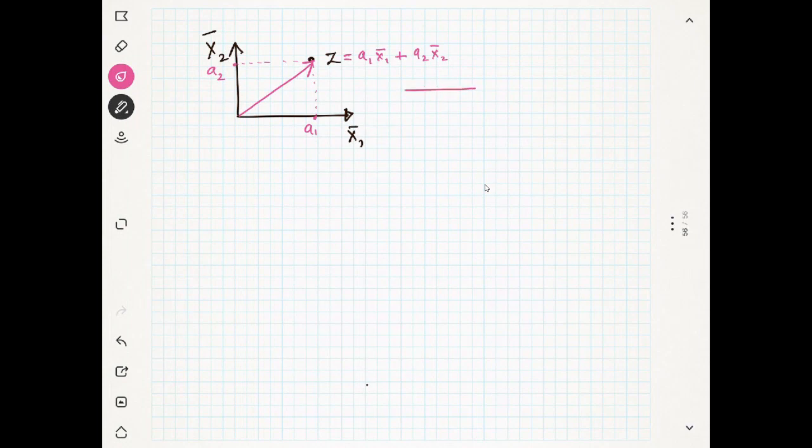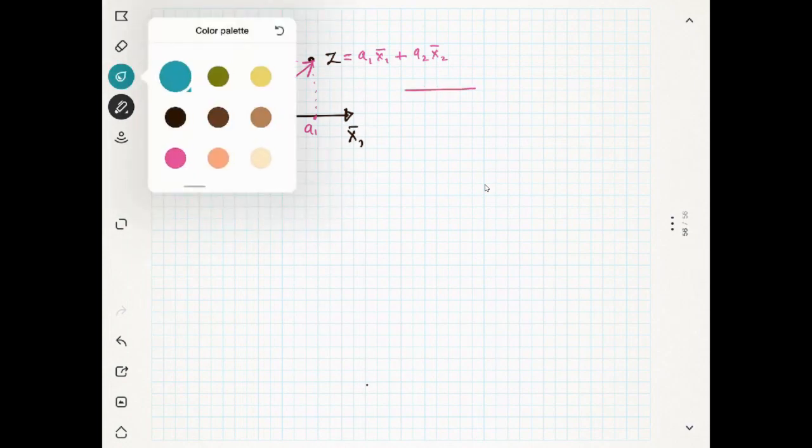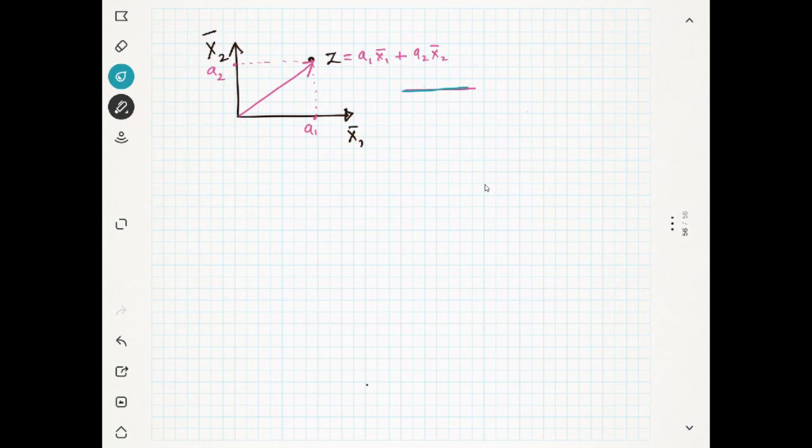Now, this is a very, very beautiful concept. If I pass this through a system H, then if you give x1 bar, the output will be lambda 1 into x1 bar. If you give only x2 bar, the output will be lambda 2 into x2 bar.